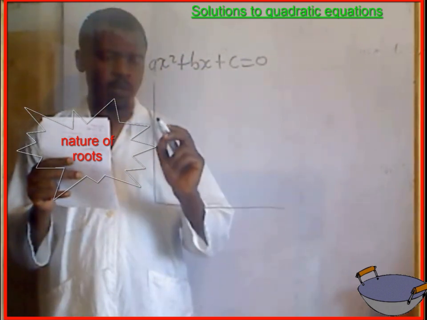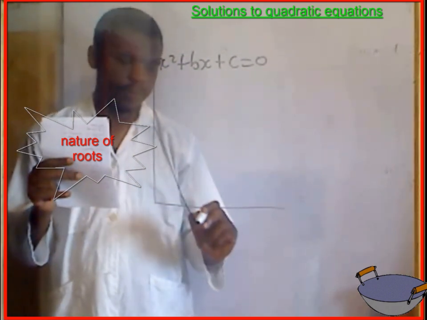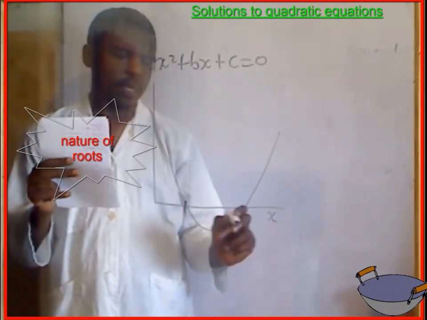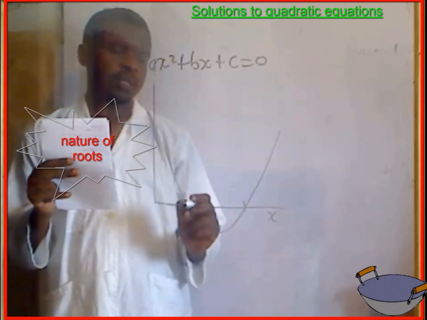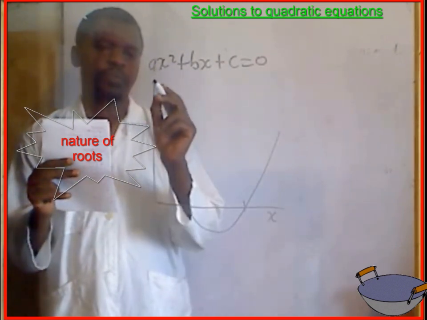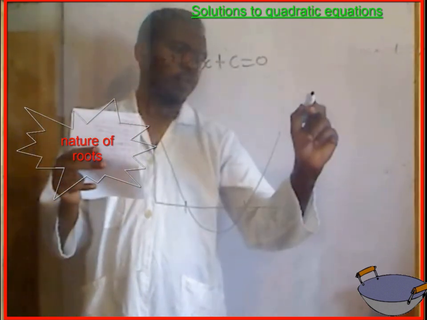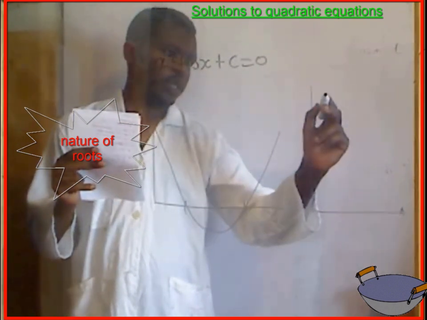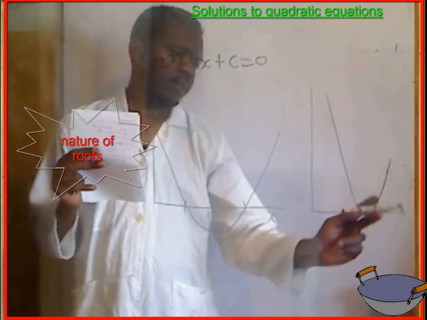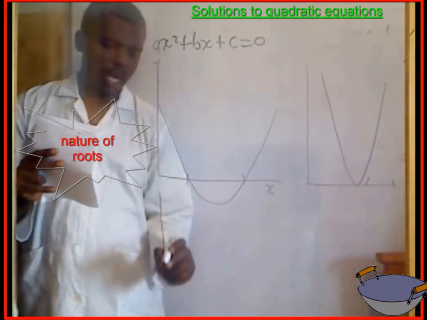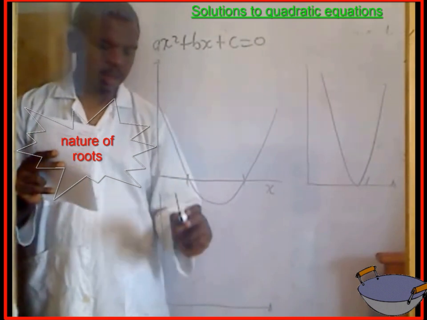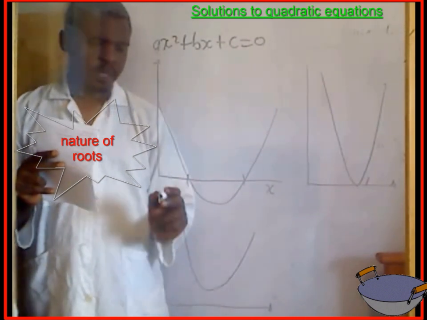Here's the x-axis, cutting the x-axis at 2 points. Well, it could be in such a way that the curve just touches the x-axis, or our curve does not touch the x-axis at all.